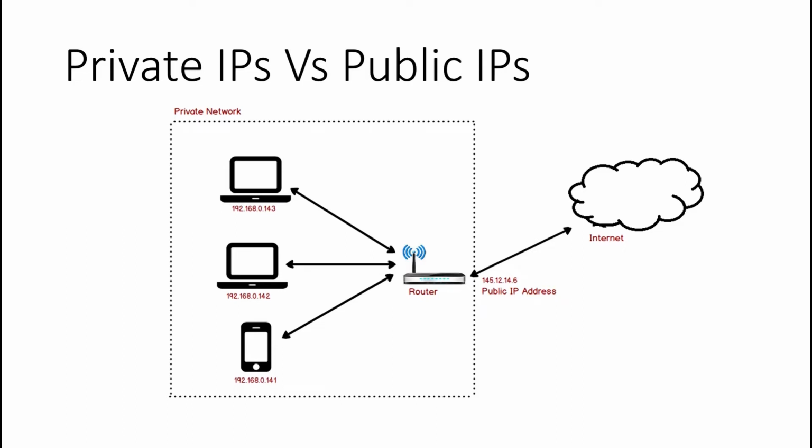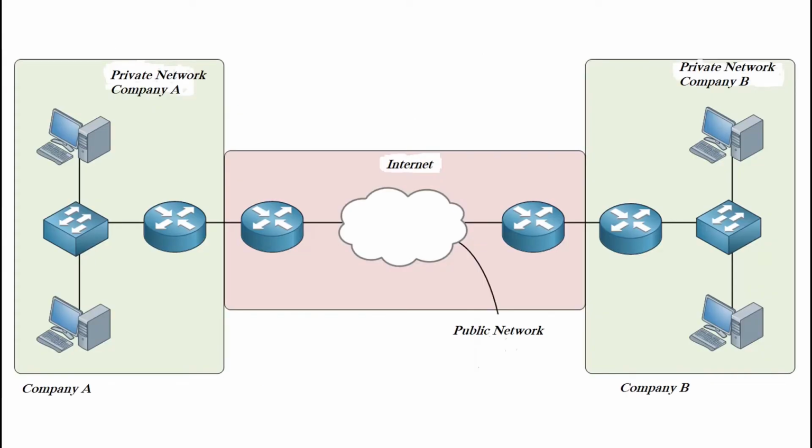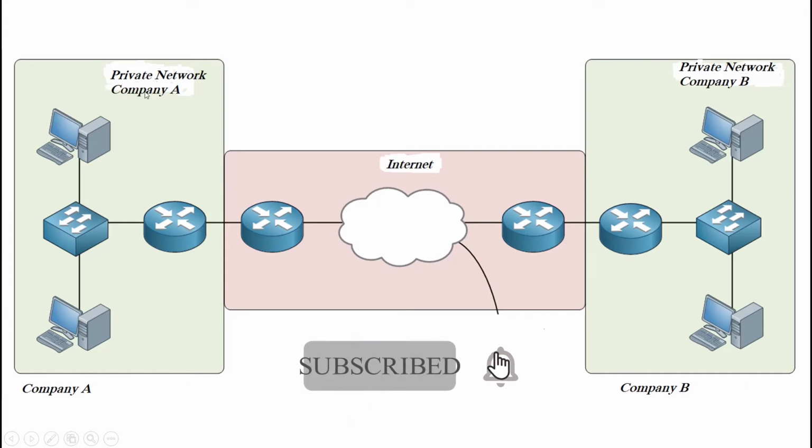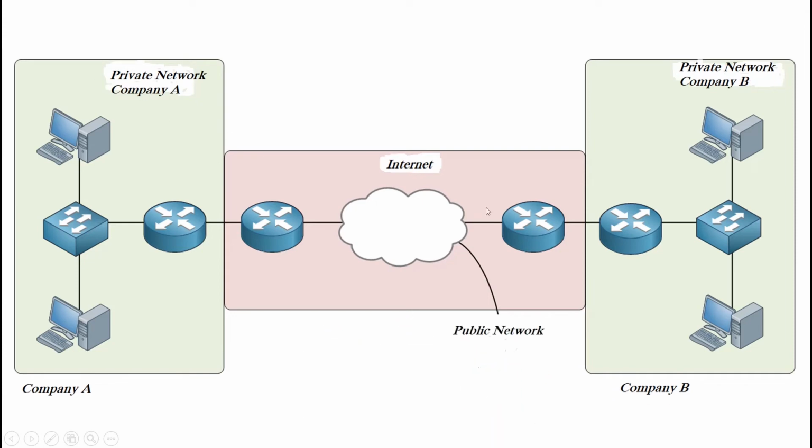Before going to talk about private IP addresses and public IP addresses, let's have a look at this network diagram. Here you can see there are two companies, company A and company B. Guys, on my left-hand side you can see company A, and I have mentioned this is the private network for company A. On the right-hand side you can see company B, and I have mentioned it as the private network for company B. In company A, you can see that there are two computers connected with the switch.